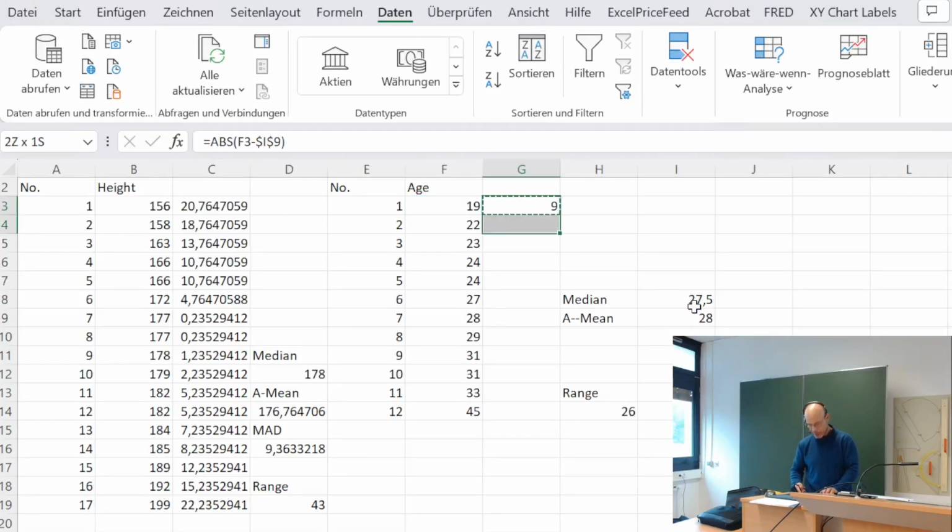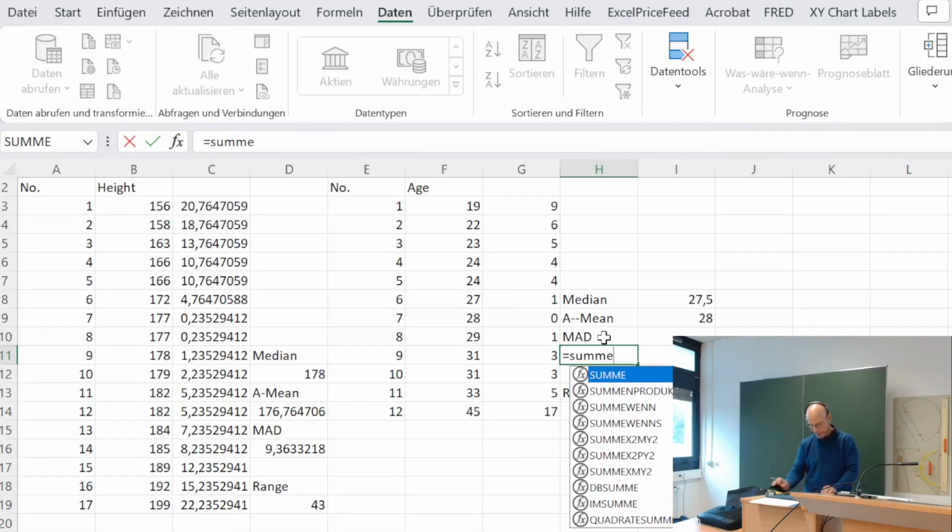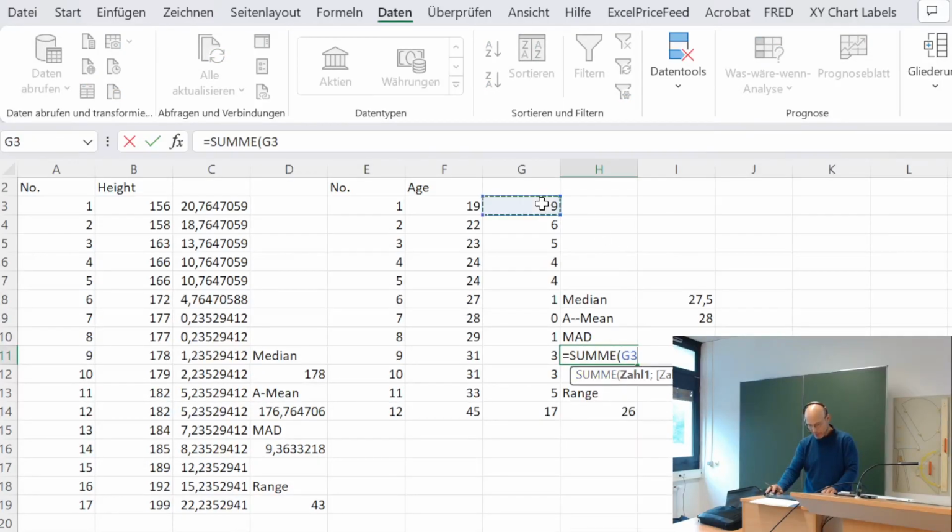Okay, now we can copy this downward, and the mean average distance is then again the sum of these numbers divided by 12.